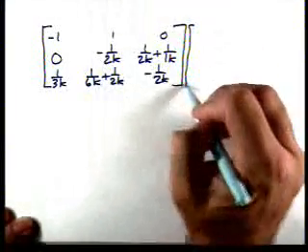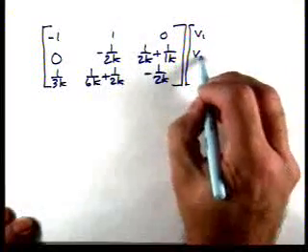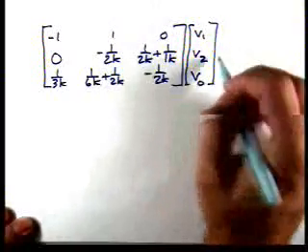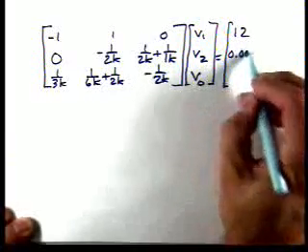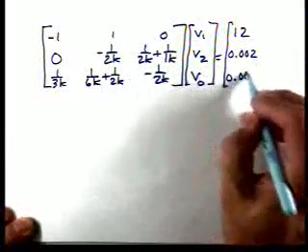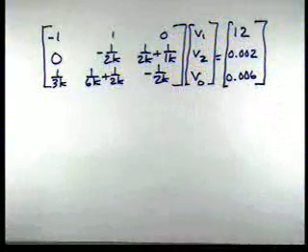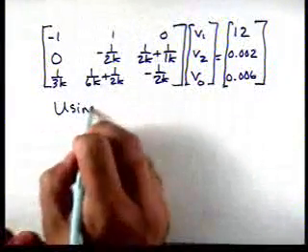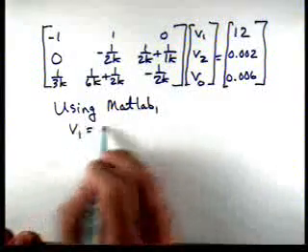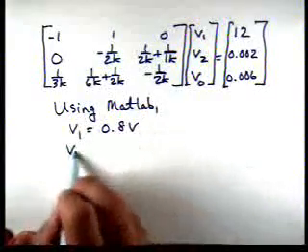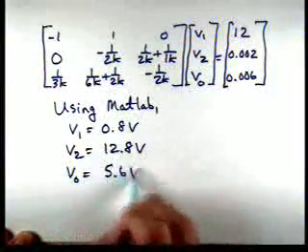Notice that it's not symmetrical like it was in problem 3.3. And we have the following for the right hand side. You can see our constraint equation is the first equation up there. Using MATLAB, we get the following. V1 is 0.8, V2 is 12.8, and then V0 is 5.6, and there is our answer.